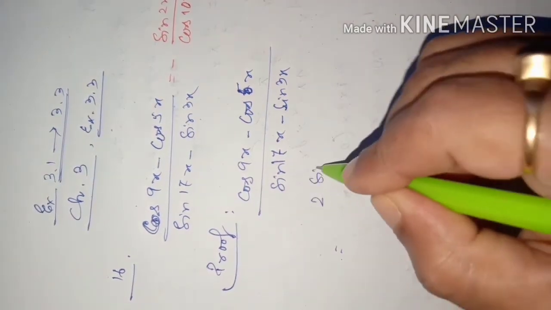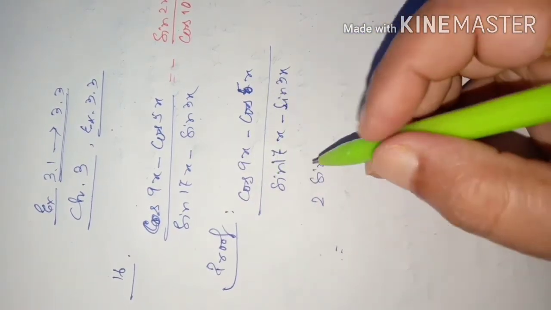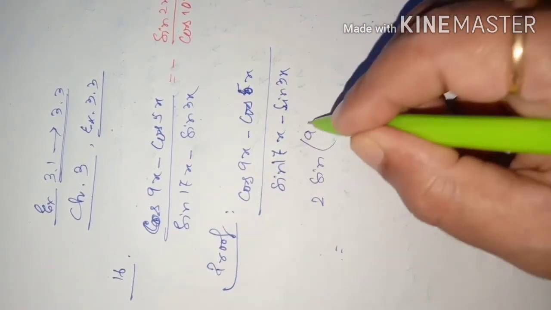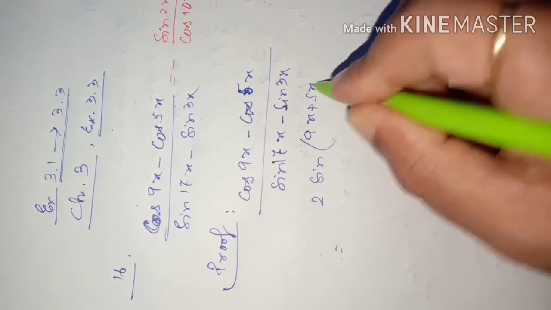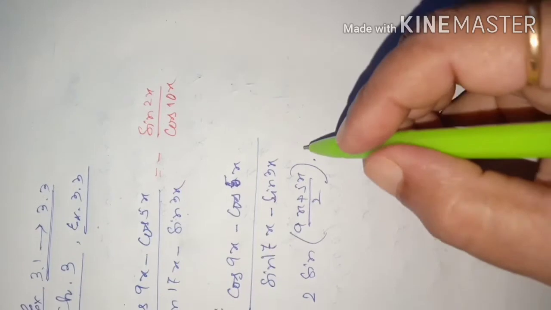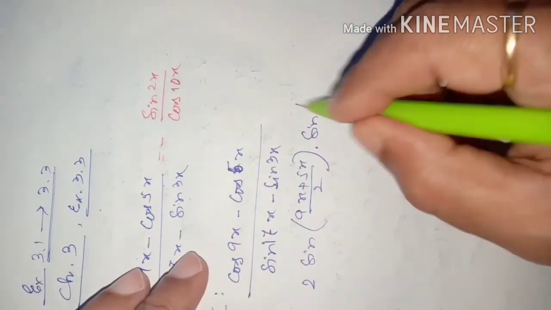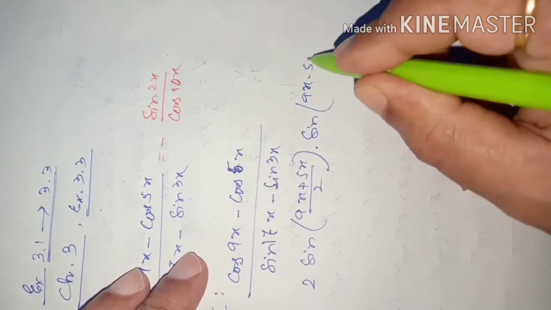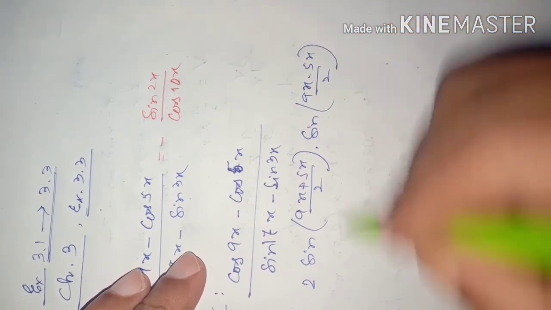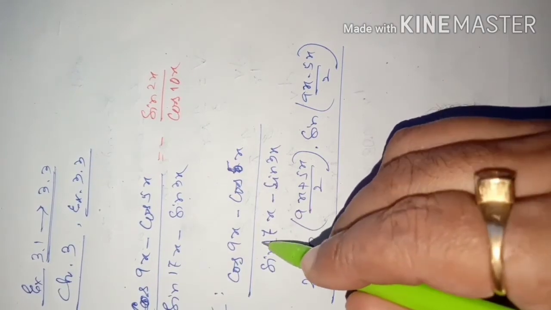Twice sin of (a plus b) by 2, that is (9x plus 5x) by 2, into sin of (a minus b) by 2, (9x minus 5x) by 2, divided by sin a minus sin b, that formula you recall.